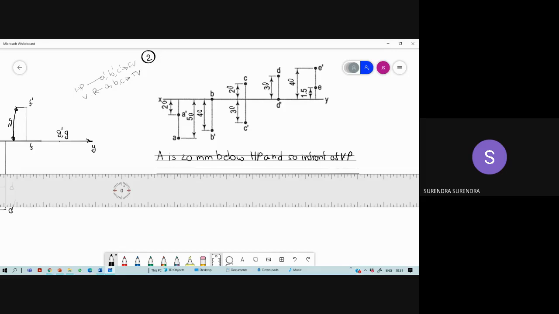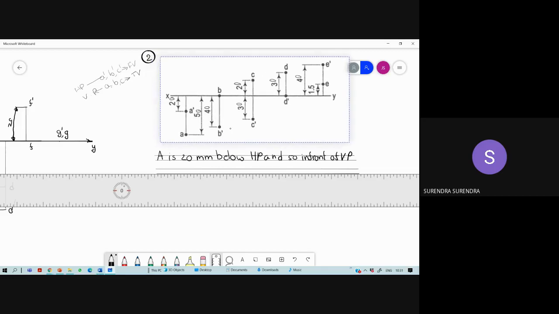Now coming to B. For B, first always concentrate on the dash, the front view location.